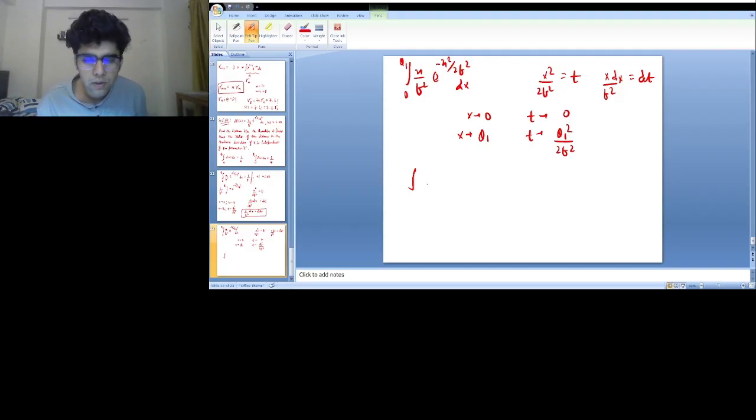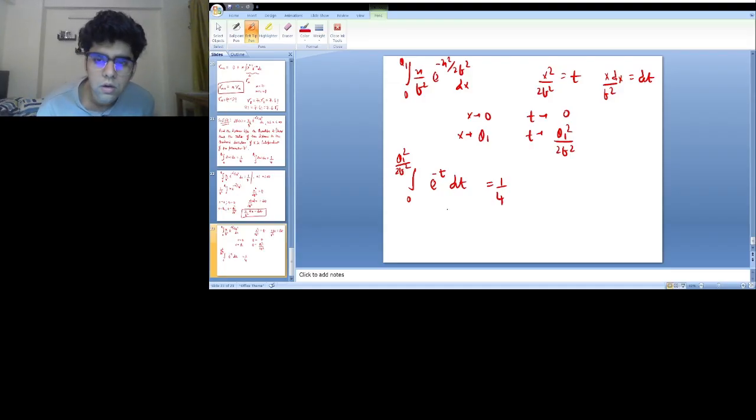So this becomes the integral of e to the power minus t dt from 0 to Q1 square by 2b square, right? This should be equal to 1 by 4.